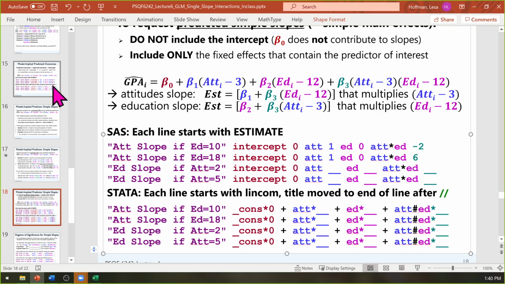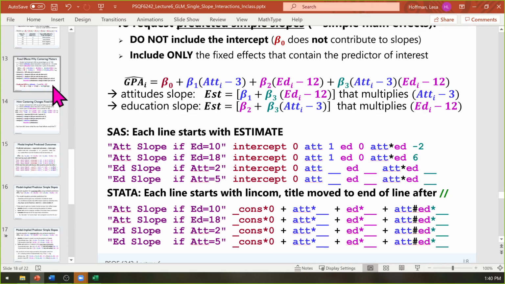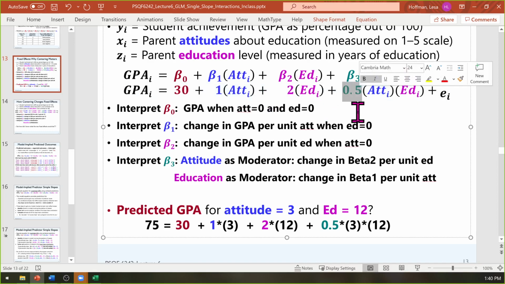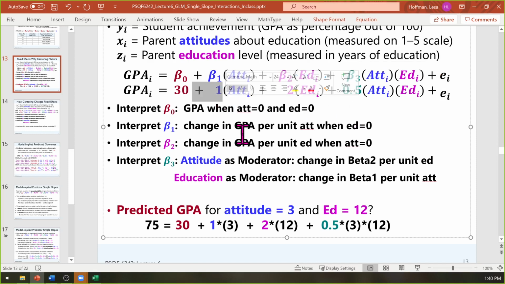So if I go back to my original equation here, if I want to know what the slope of attitudes would be for somebody with education equals 12, then I do 12 times 0.5, which is 6, plus the one I started with gets me to the 7.